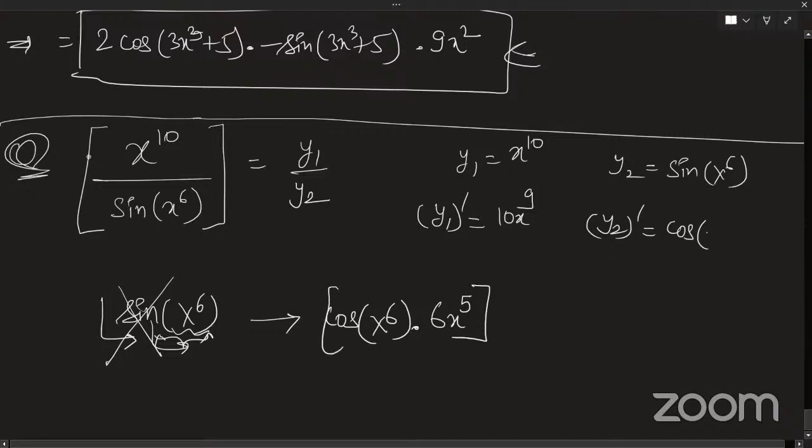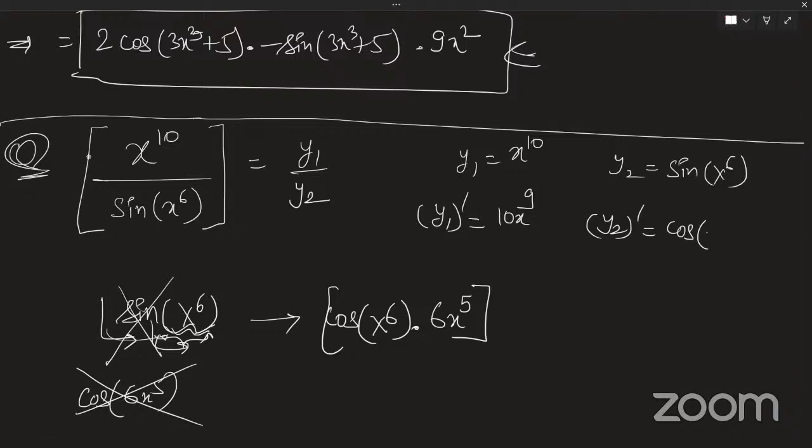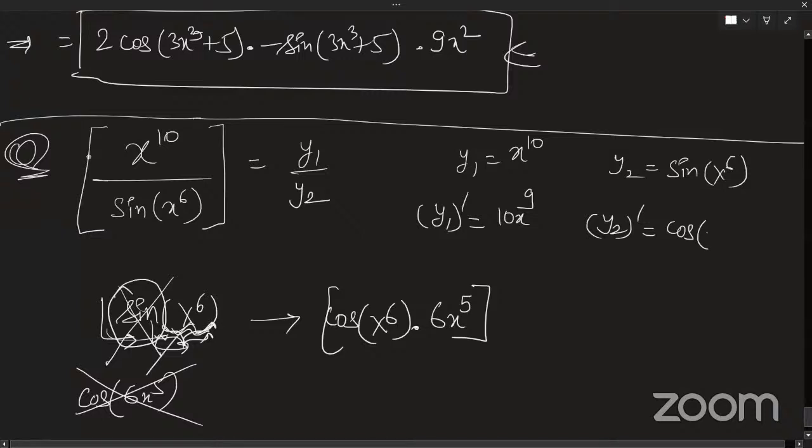The mistake you have made in all the questions is that you differentiated both simultaneously. What you did is cos and then inside you went and differentiated this also. No, it is wrong. When you are moving inside, when you are looking at the outermost function, whatever is inside that function will come over here as it is. Okay?